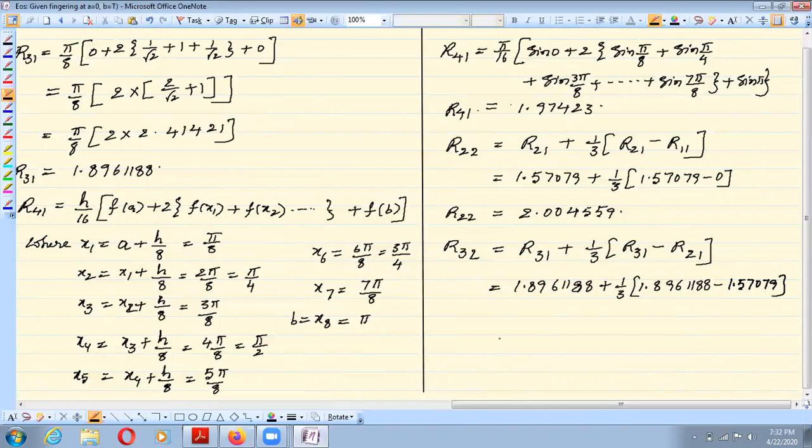Okay, sorry, there will be a small mistake here. This answer should be R32 is equal to 2.09439.